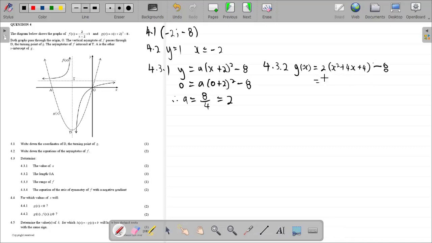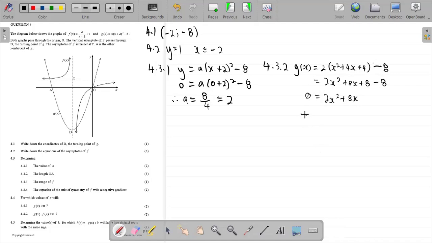So it's equal to 2x squared plus 8x plus 8, then minus 8. So it's equal to 2x squared plus 8x, equals 0.